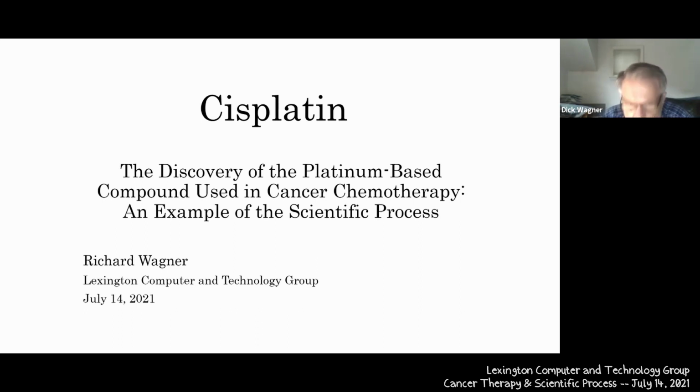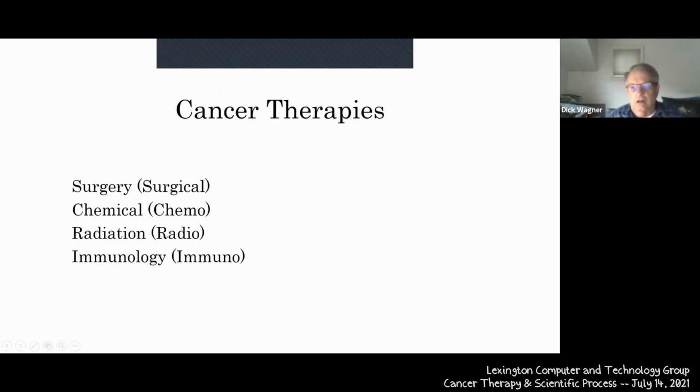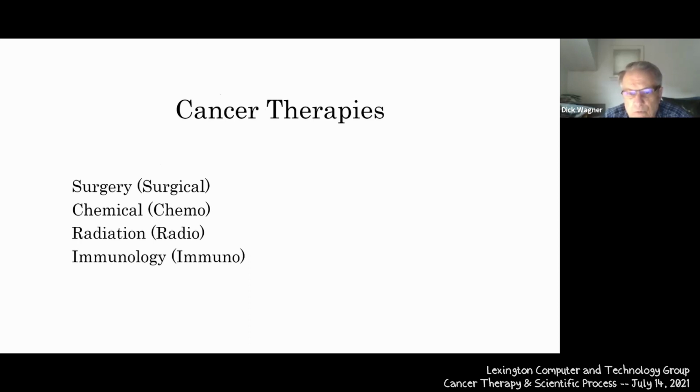The area in which my topic occurs is in the field of cancer. Now, I'm pretty sure that most of you know what cancer is, or at least have some familiarity with what cancer is. You may have it, or you may have had it.